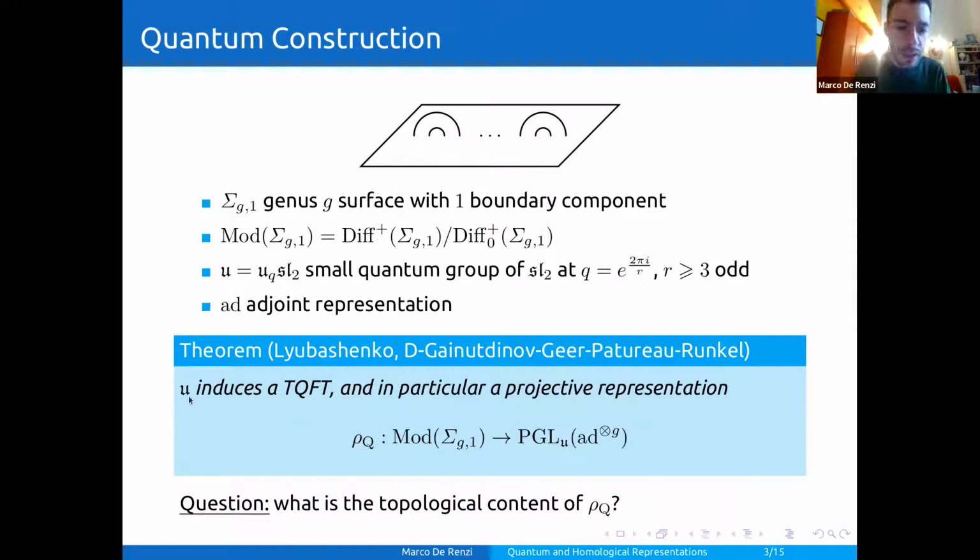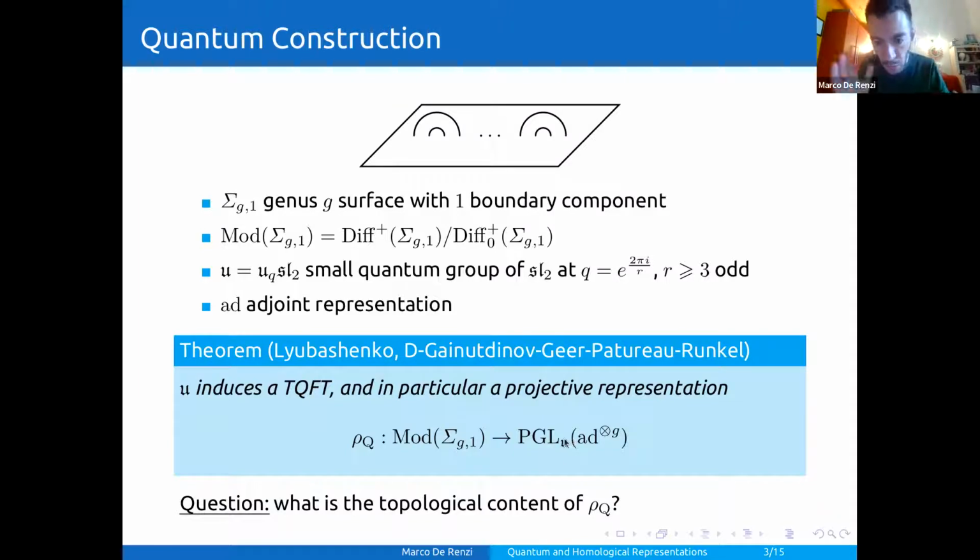Right, and since U induces a TQFT, in particular, it also induces a projective representation for the mapping class group of sigma G1 in the projective linear group of the Gth tensor power of the adjoint representation. And maybe a quick comment here on this notation.